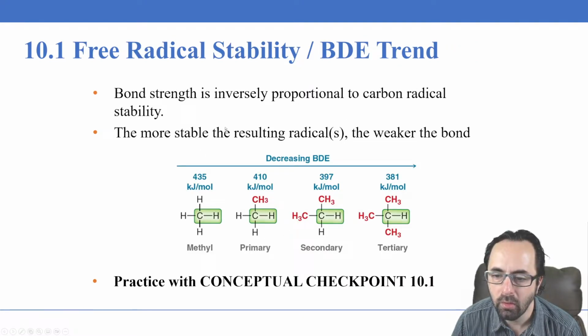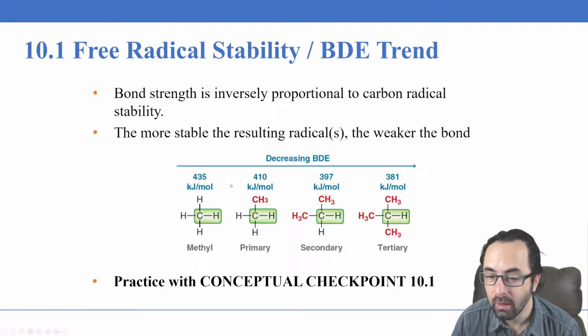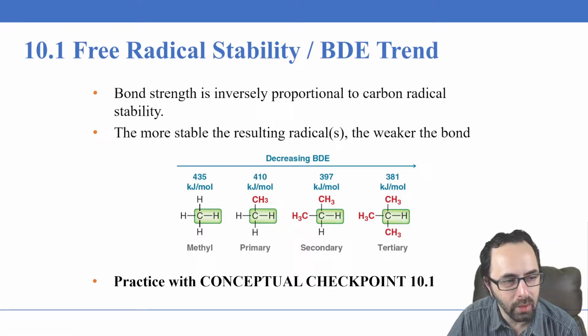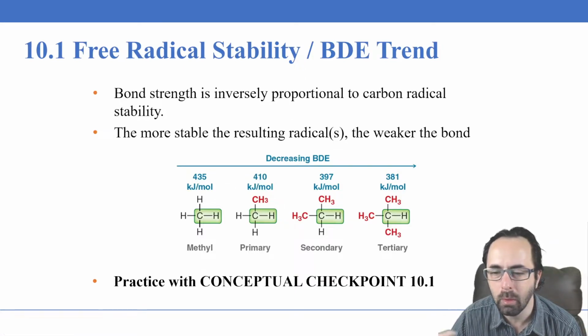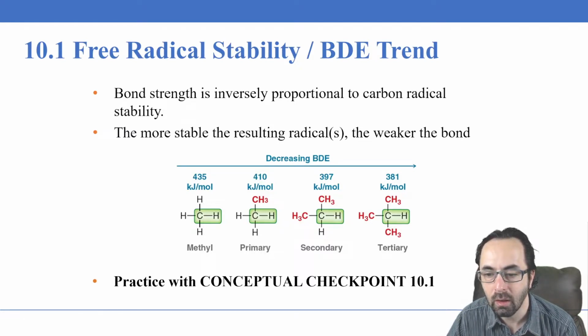In terms of bond strength, when we think about which bond can be broken the easiest, this is also related, like the way we thought about acids. We thought a substance will be more acidic if it has a more stable anion that remains, and we evaluated the stability of that anion based on ARIO.